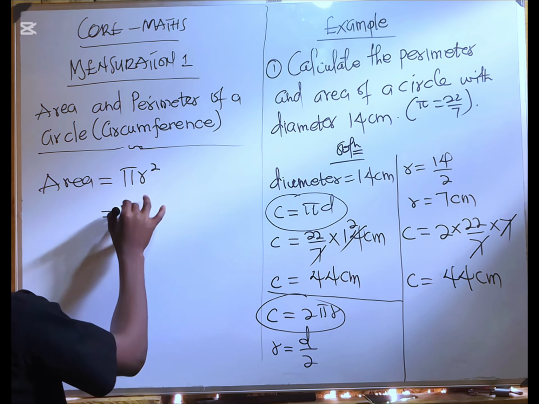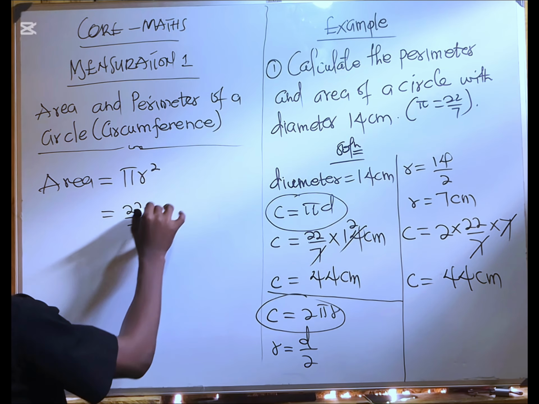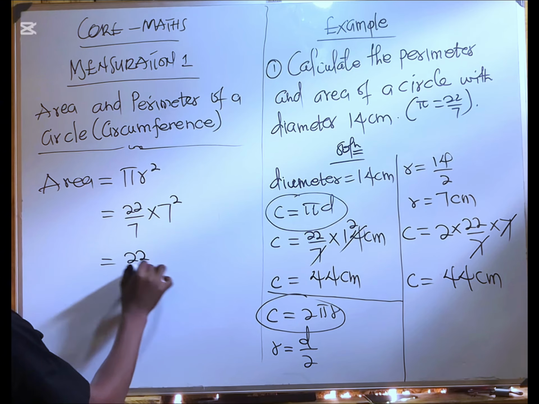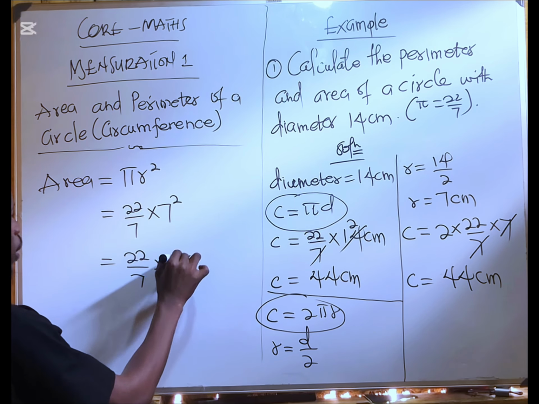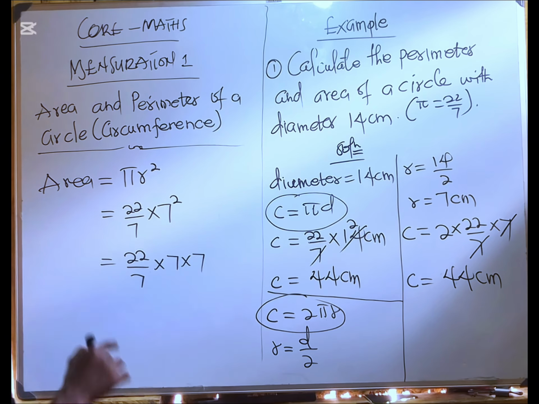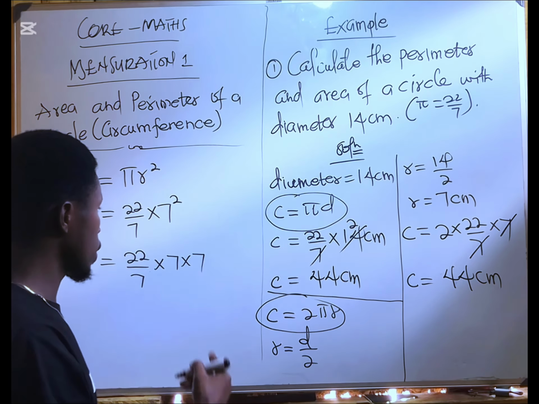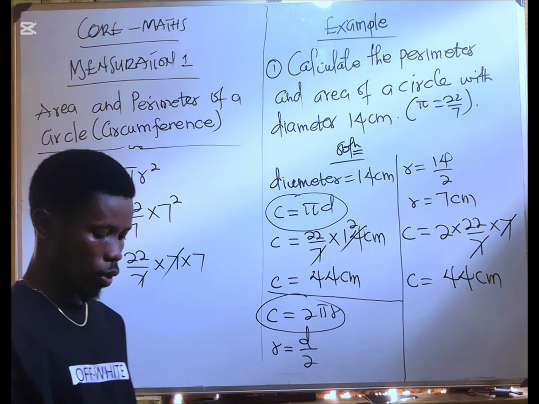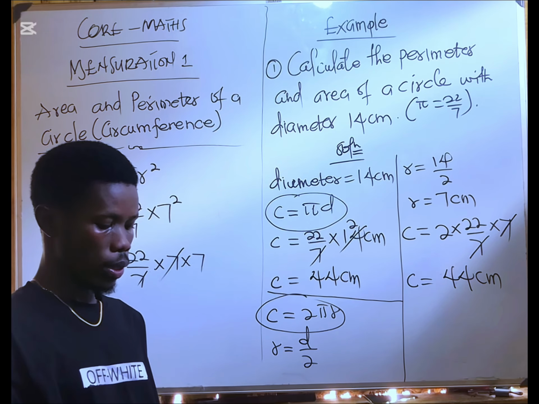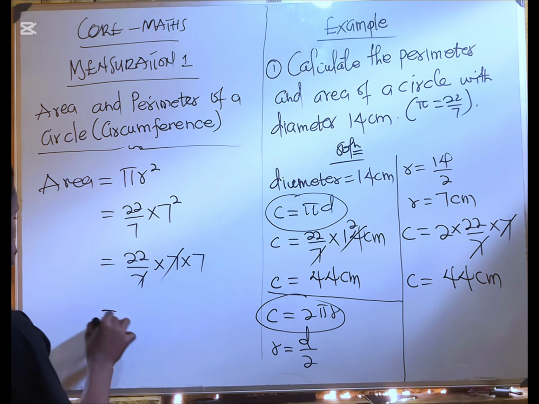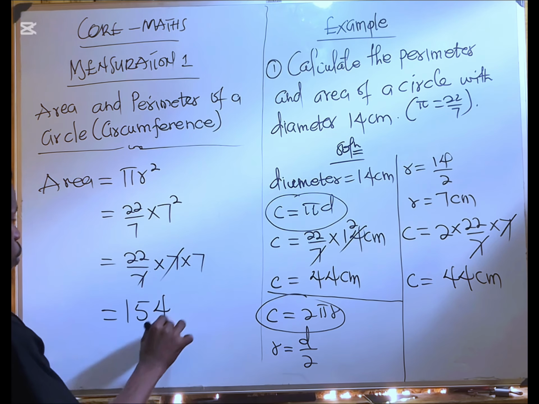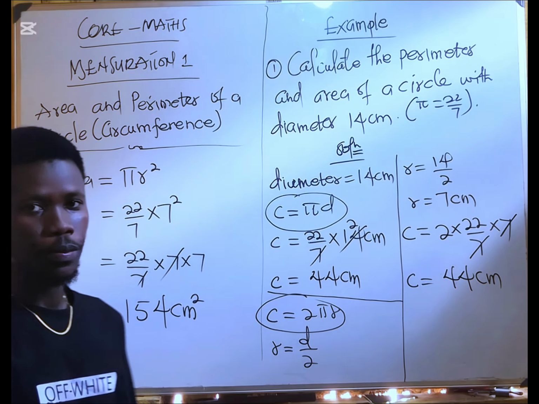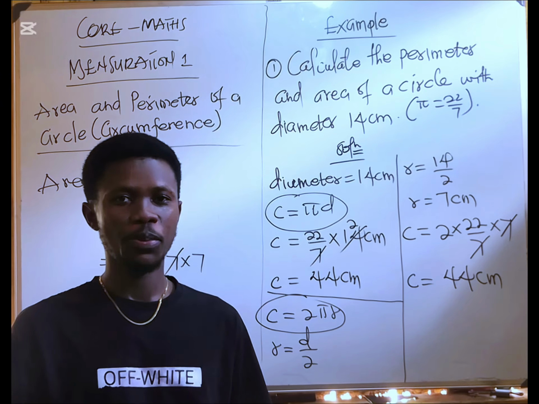So you're going to have 22 over 7 times 7 squared. So we have 22 over 7 times 7 times 7, because 7 squared can also be written as 7 times 7. So this 7 will cancel this one. Then we have 22 times 7 rather, which is 154 centimeters squared. So that will be our area. I think it's very simple, right?